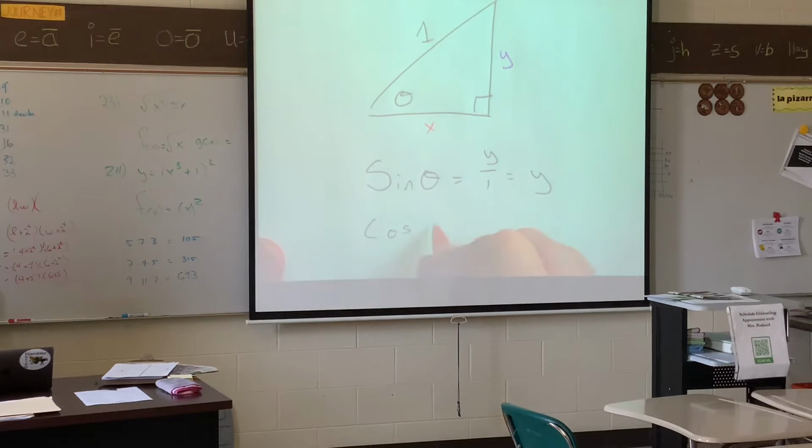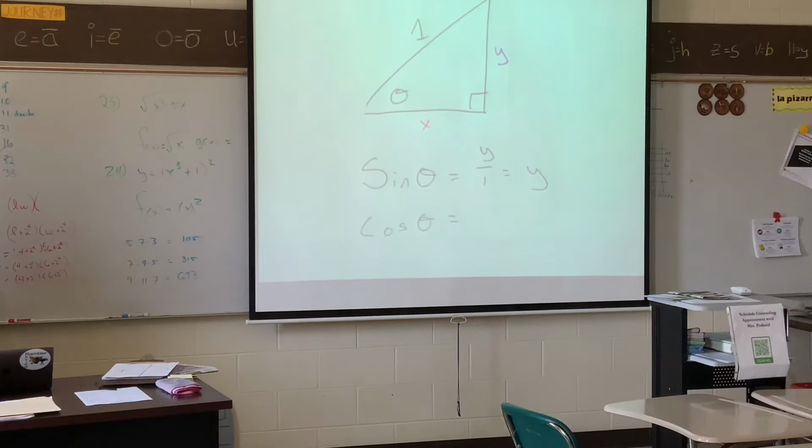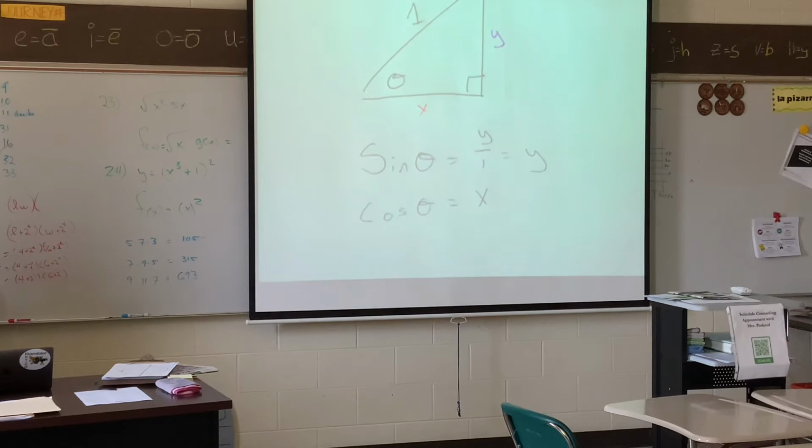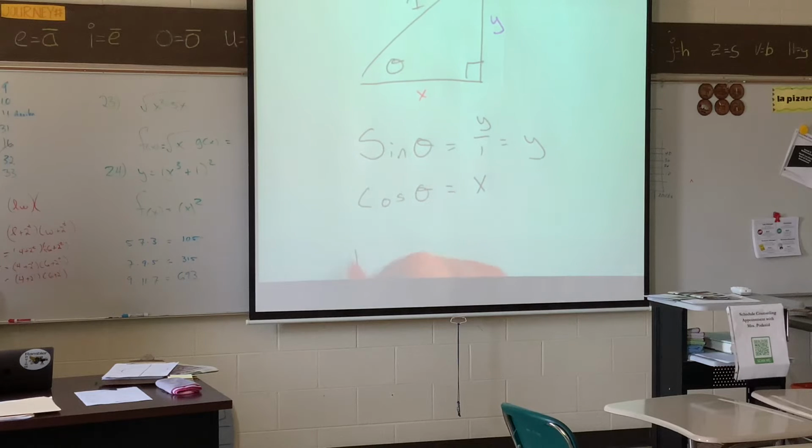Can someone else tell me what cosine is on this triangle? Emma? X over 1, or just x, correct? What's tangent? Y over x.